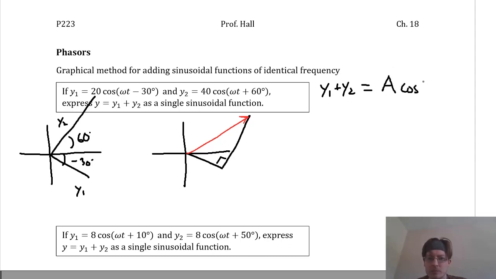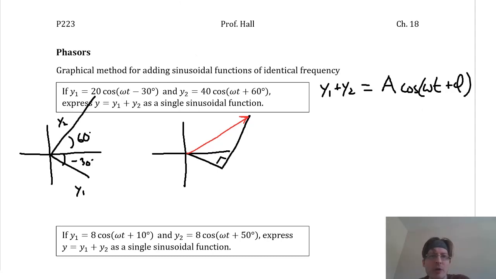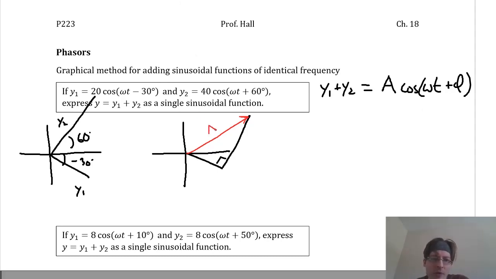And I know it's going to have the same frequency, but it has some phase that I don't know. So I'm trying to figure out in my picture what A is, the length of the resultant, and I'm trying to figure out this angle right there. That's the phase angle. It's not the angle from y1, it's the angle from the x-axis.